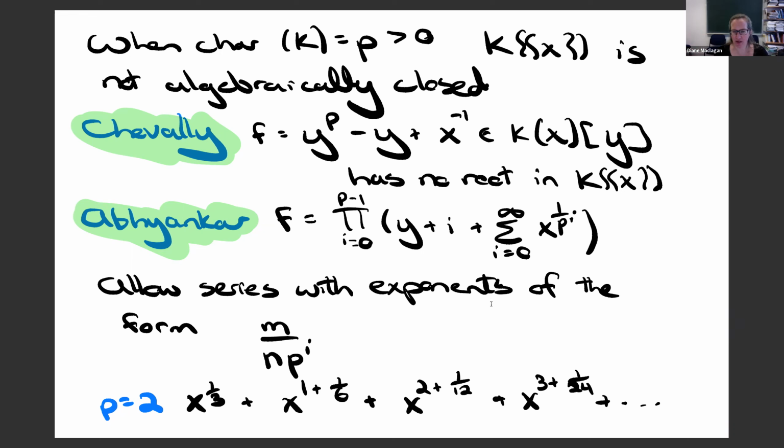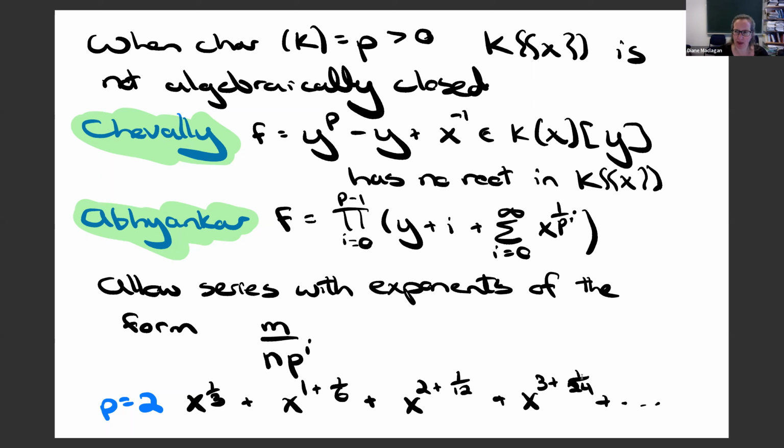So in general, I'm allowing generalized Poisson series in this sense, and this again is an algebraically closed field. I'm going to allow series with exponents of the form m over n times p to the i, where n will be fixed for a given series, like in the Poisson series, but the powers of p can vary. So I might have something like, for p equals 2, x to the 1/3 plus x to the 1/6 plus x to the 1/12 plus x to the 1/24. You can see that my denominators all have the form 3 times a power of 2.